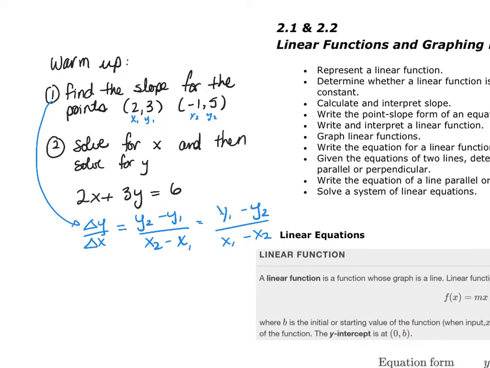So the order doesn't matter, but what does matter is that if you're using the x1 first, then make sure you use the y1 first. And the same thing if you use the y2 first, make sure you use the x2 first.